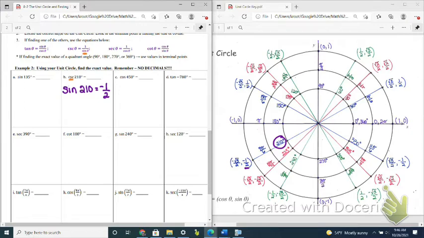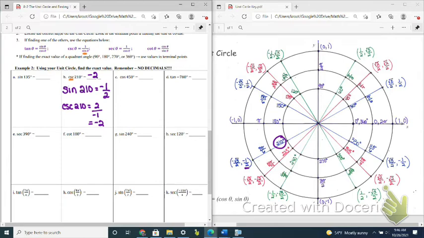So then that means the cosecant of 210 degrees is the reciprocal. Remember, reciprocal just means I'm flipping it. So that is 2 over negative 1. So that is just simply negative 2.